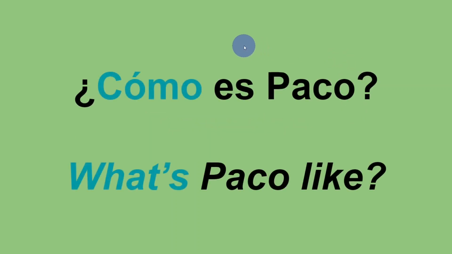Ejemplos. Here they come. More ejemplos, más ejemplos. And the first question word is ¿cómo? ¿Cómo es Paco? Repeat after me. ¿Cómo es Paco? What's Paco like? You don't have to repeat the one in English, okay? Just repeat the one in Spanish. Unless you are learning English in some other country, this will help you right here. ¿Cómo es Paco?